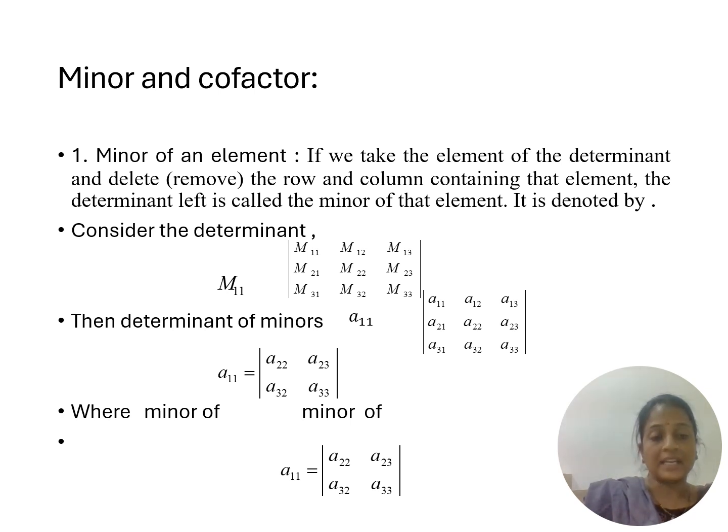If we find, for example, the minor of M11, that means we delete the first row and first column, and the rest of the elements are M22, M23, M32, M33, and we find the determinant of this.